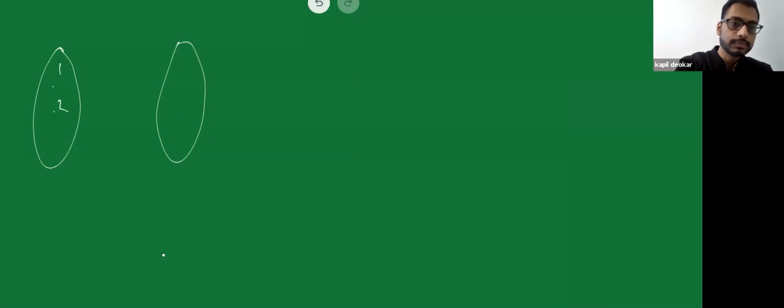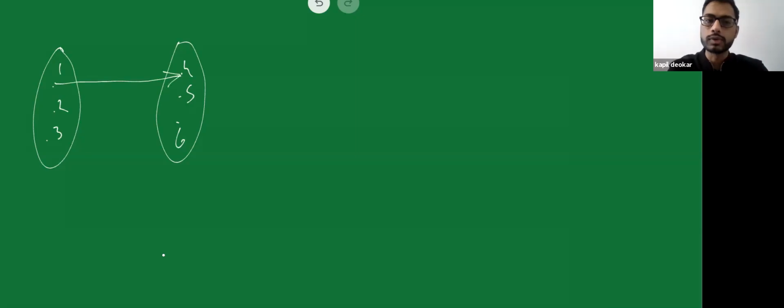Also, it is not a function if the input value doesn't produce any output value. Suppose I put in 1, I get a value of 4. I put in 2, I get a value of 5. I put in 3, but I don't get any output. So in this particular case, consider we have again a machine.